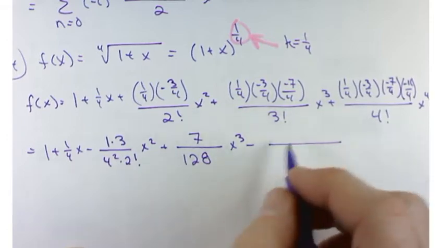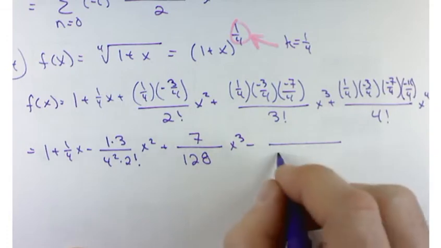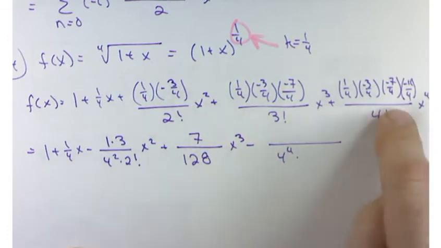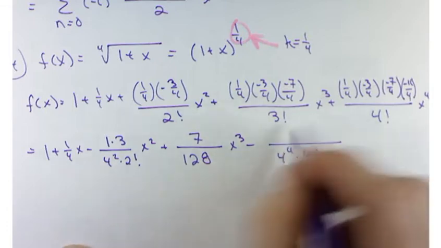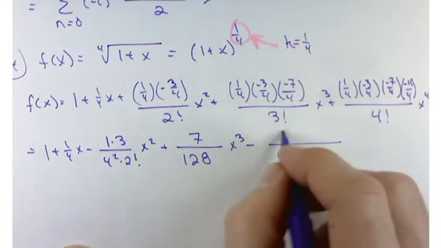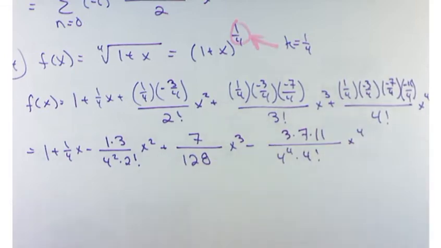All right, so you're going to have a 4 to the 4th power from all these. So that's a 4 to the 4th times 4 factorial, and then 3 times 7 times 11, x to the 4th. Let's see if we can simplify that on our graphing calculator.